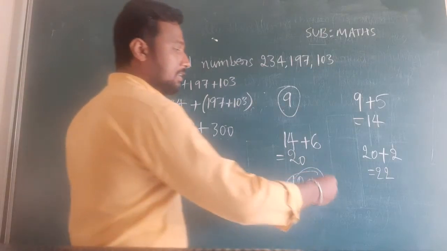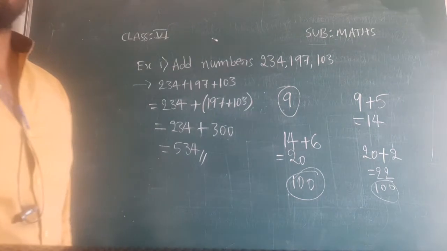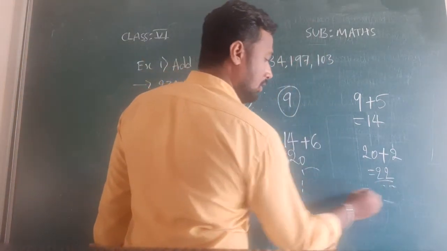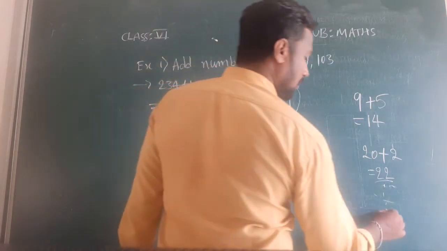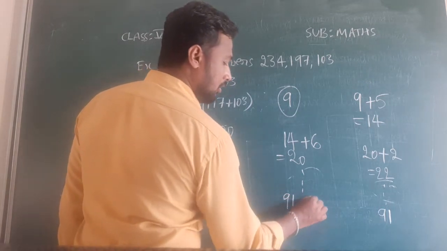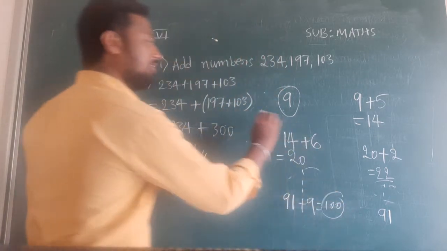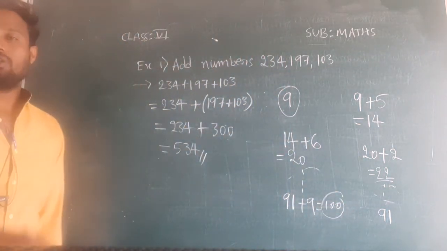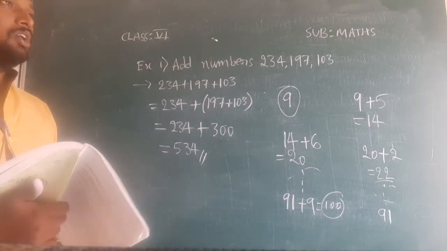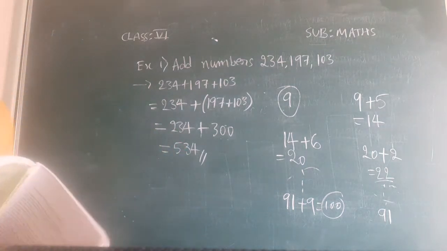Suppose your friend gets 100 first after adding any of the number, he is the winner of the game. Suppose if your friend told 91, then if you add 9 to this 91 you will get 100. So if you get this 100 first, then you are the winner of this game. Like this you can play this game to understand how to add whole numbers very easily.